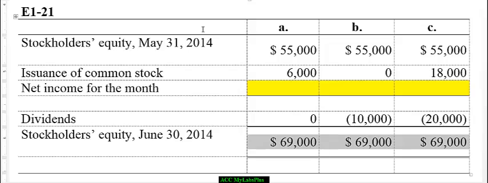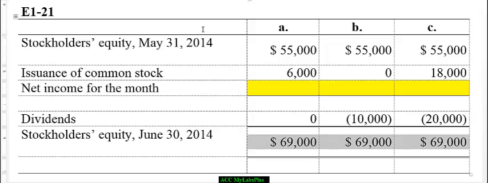So if we started with $55,000 for scenario A, add the $6,000 of common stock, at that point we have $61,000 of stockholders' equity. We know that at the end of the month we have $69,000. So in order to get from $61,000 to $69,000, the total equity has to go up by $8,000.